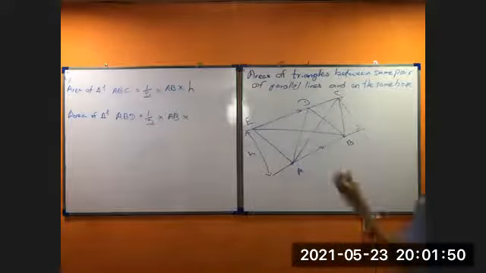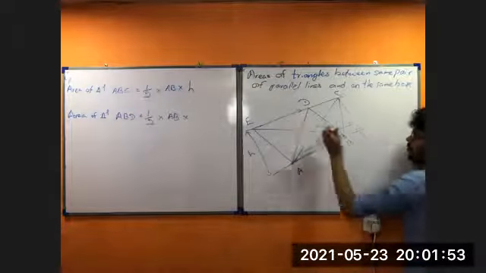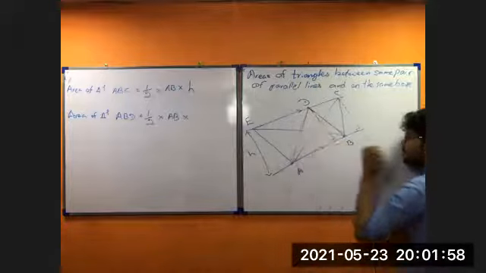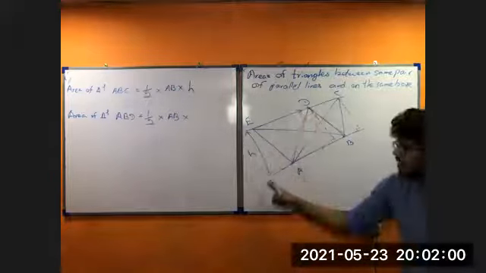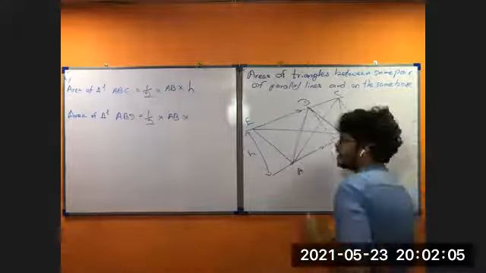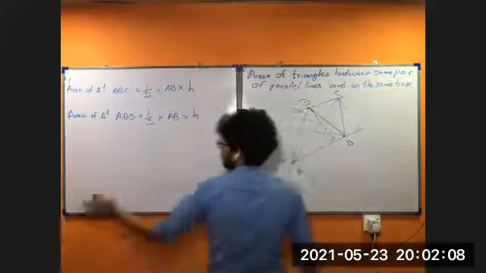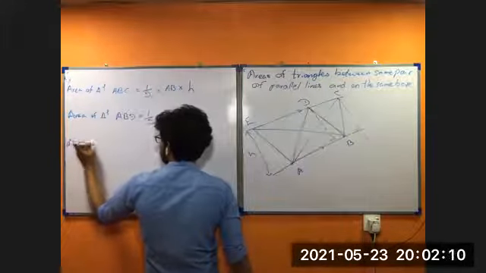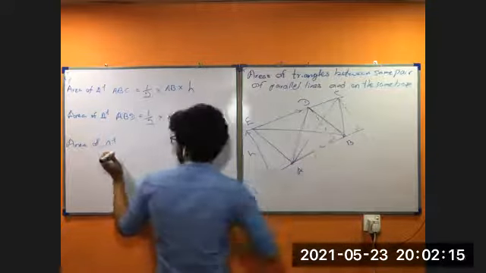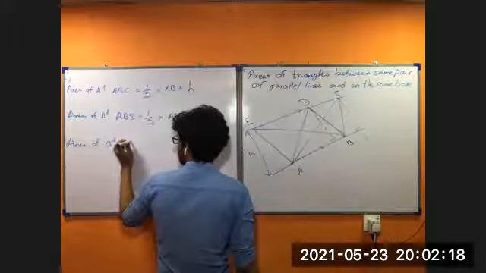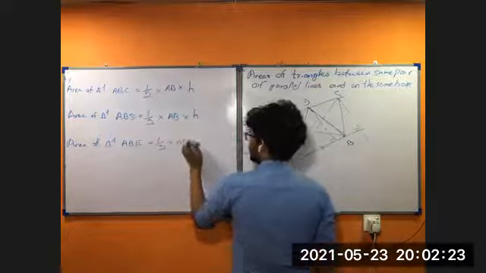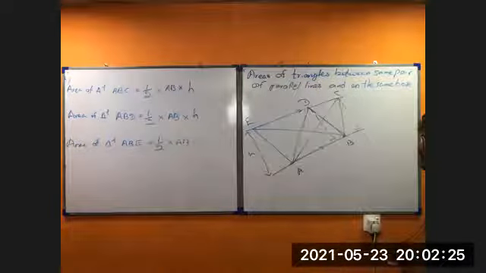So for this triangle, you drop a perpendicular from there. This distance is going to be the same, again H. Then another triangle we have, area of triangle ABE, also equal to half into base AB into perpendicular height.